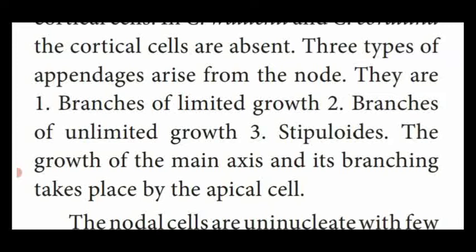So these are all the three appendages: branches of limited growth, branches of unlimited growth, and stipuloid. The branching of the main axis takes place with the help of the cell present at the tip region.